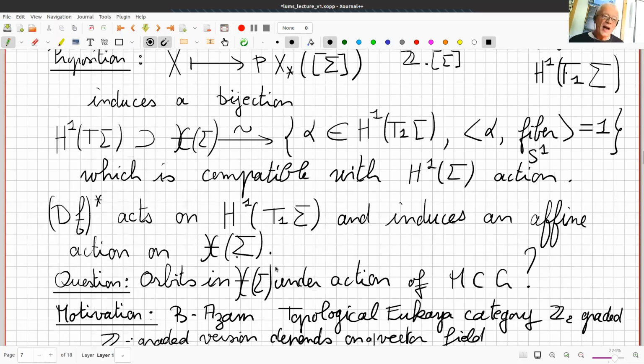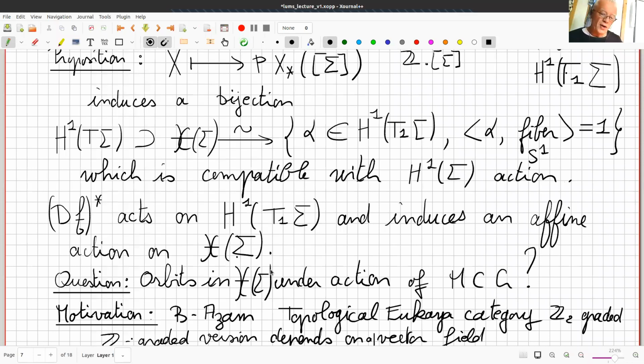So you see, I started with non-singular vector fields or unit vector fields, which is really a very geometric notion. But because I take them up to deformation, up to homotopy, I can translate the set of homotopy classes of vector fields into certain cohomology, and the action on cohomology comes from functoriality of this cohomology.